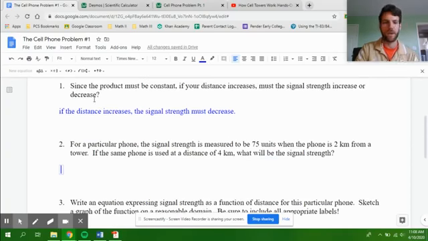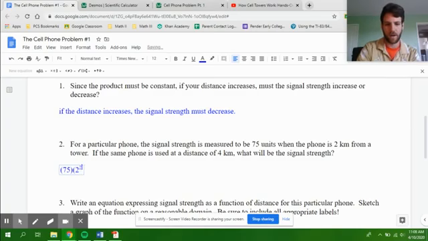That's important. So we're first going to do 75 times our signal strength times our distance squared, 2 squared. That is going to give us the constant they were referring to.